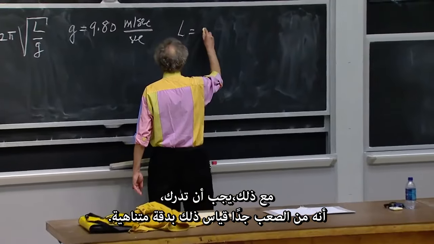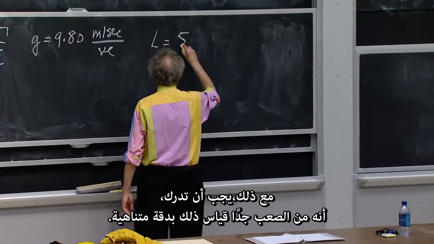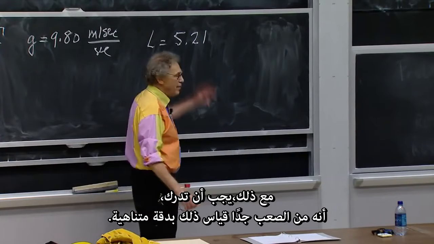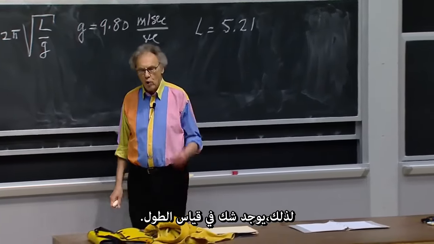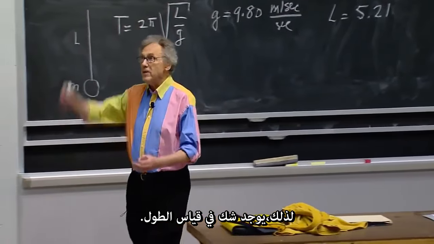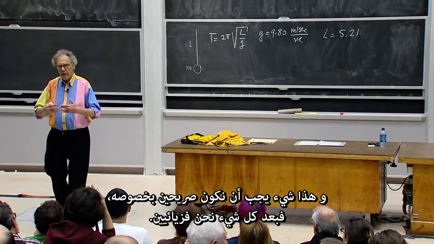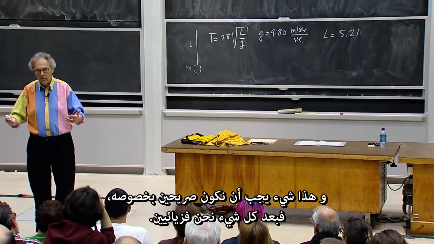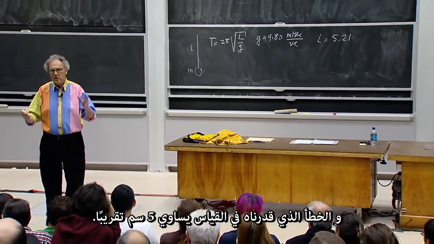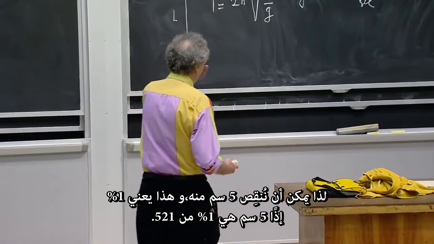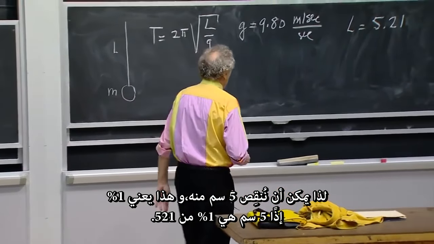However, you must understand that it is very difficult to measure that to very high accuracy. And so there is an uncertainty in the measurement of the length that we have to be honest about, because we are physicists after all, and the uncertainty we estimate is about 5 centimeters. So we could be off by 5 centimeters.